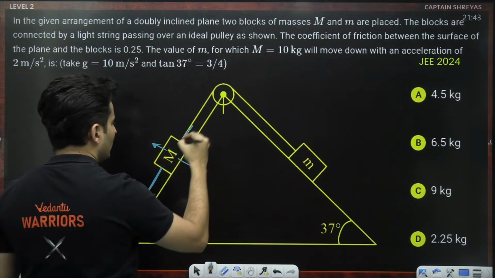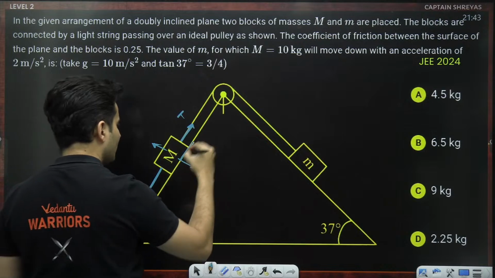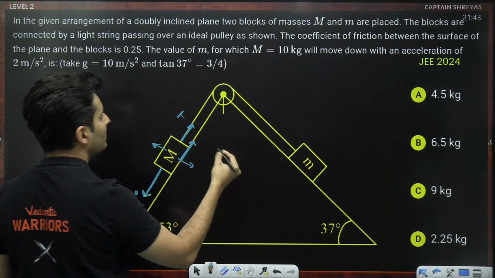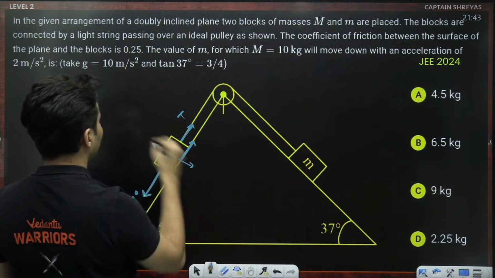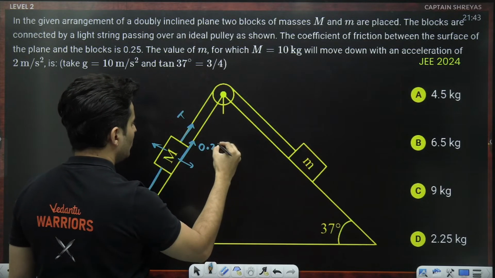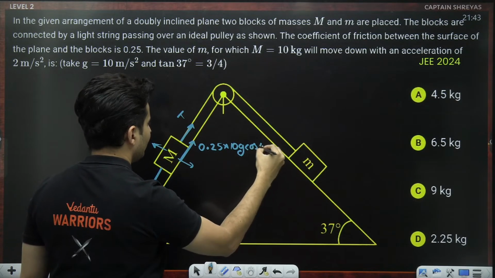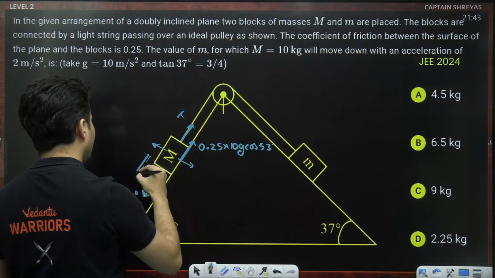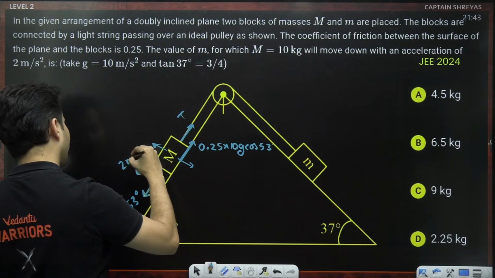There will also be tension like this, and because it goes down, there will be friction also like this, which will be mu mg cos theta. Mu is given as 0.25, so 0.25, mass is 10, g cos 53. The result is that it is accelerating down with 2 meters per second square.